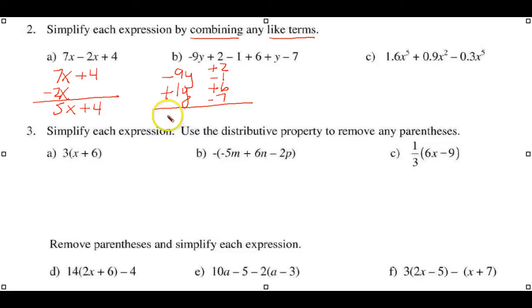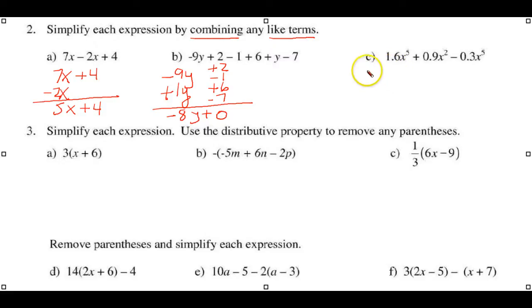So this would give you a negative 8y. And let's see, we have a negative 8 and a positive 8, so it's just going to be a negative 8y. This just ends up being a 0, and we don't write that.